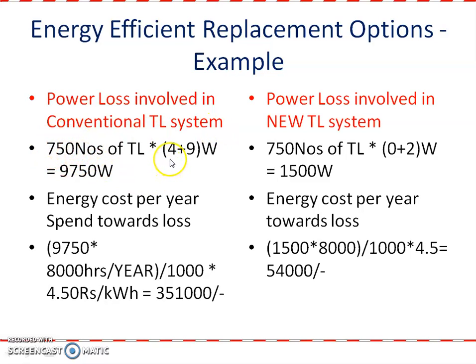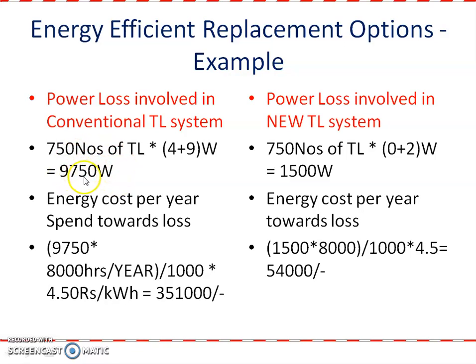The tube light consumes 4 watts extra compared to the new system. That means the new system consumes only 36 and this consumes 40. That means 4 watts here is a loss, plus the ballast loss is 9 watts, right? And totally the loss is 9750 watts through the conventional tube light system.